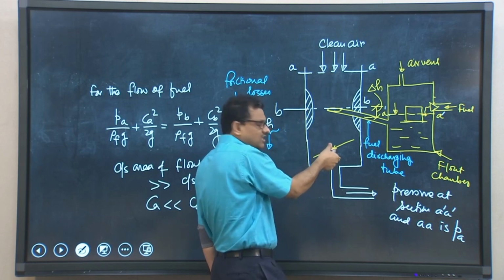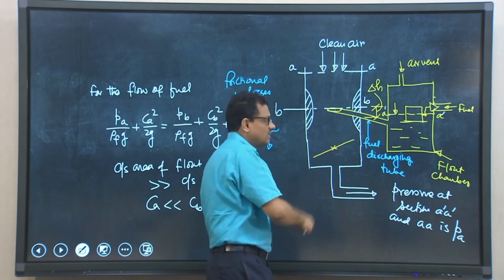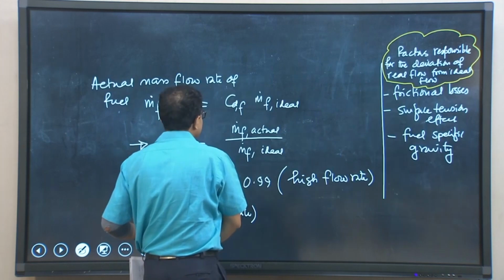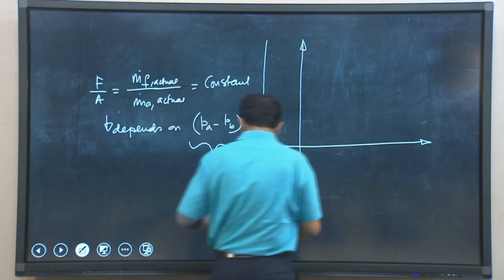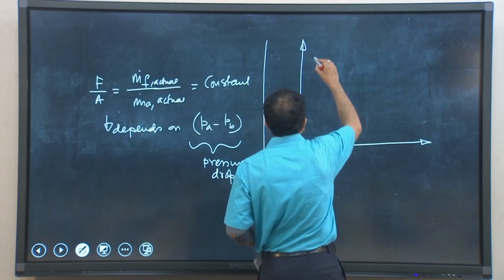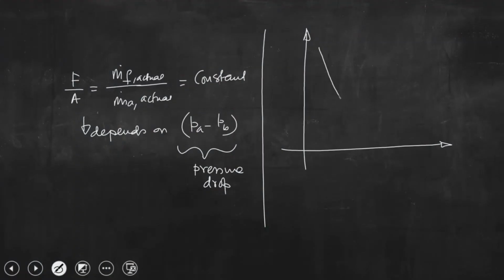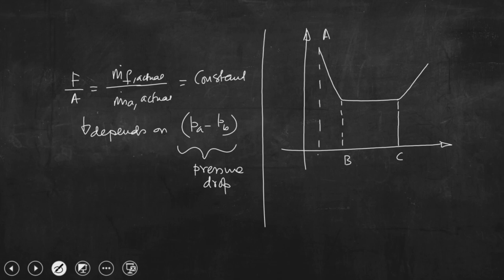So, the higher the pressure drop across the throttle valve, then we could establish that there are 3 different regimes. Okay. And say this is C, this is B, this is A, and this is D.